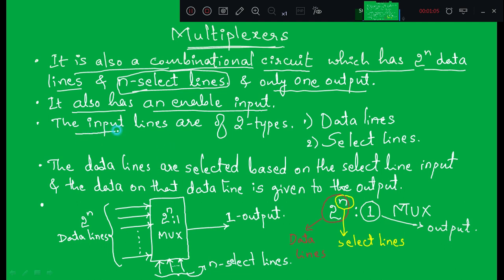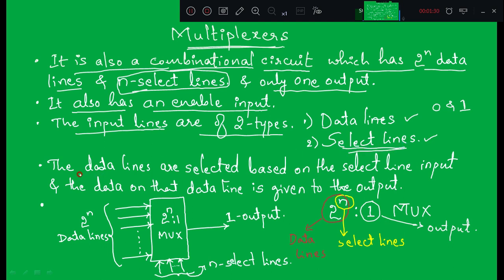Now the input lines are divided into two types. One is called the data line, one is called the select line. So what is a data line? The data is kept on the data line. Let us say that data is available in the form of zeros and ones. This data is always kept on the data line, and that particular data line is going to be selected using a select line.